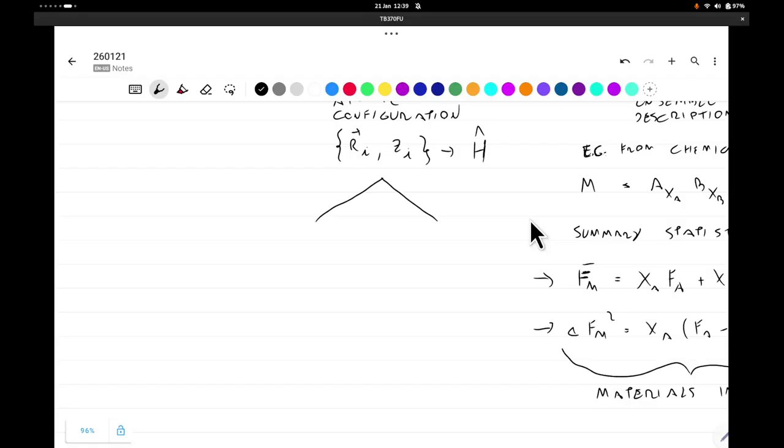One is that it is a specific configuration, and the other one is about a representative configuration.